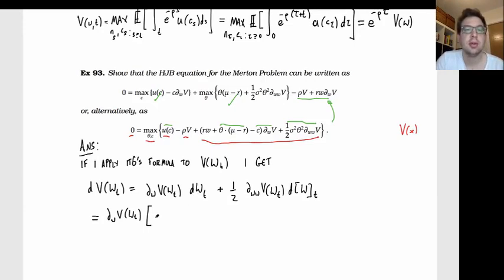Remember that dW(t) we showed above is equal to (rW + (mu minus r) theta(t) minus C(t)) dt plus theta(t) sigma dB(t).